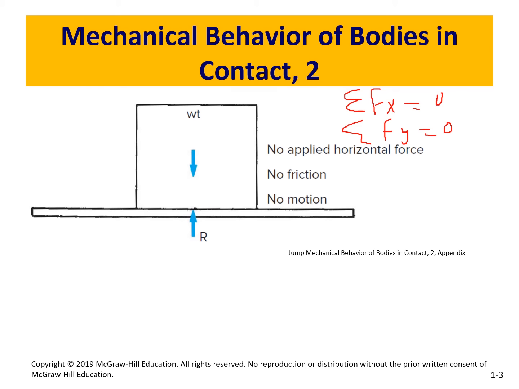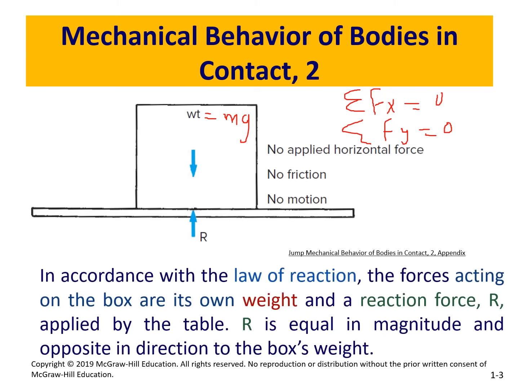Because of that, the forces acting on the box are only the weight of the box, which is the mass multiplied by the gravitational acceleration g, which is mg, right? And we have also the reaction force R applied by the table, and that is equal and opposite in magnitude to the weight. That's what we have in this free body diagram, or a schematic that represents the free body diagram of the box sitting on the table.